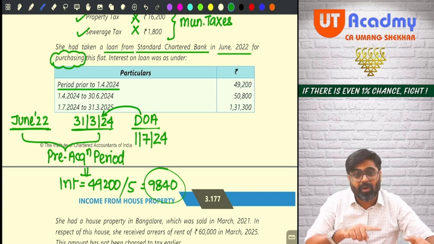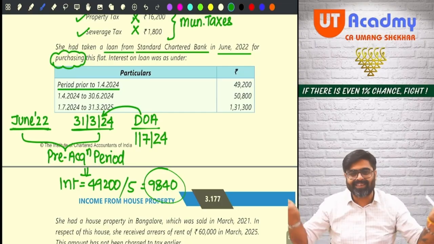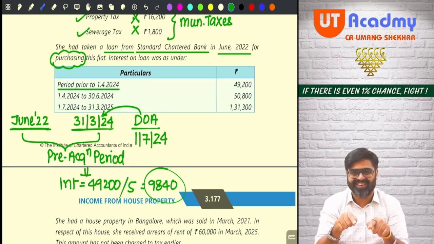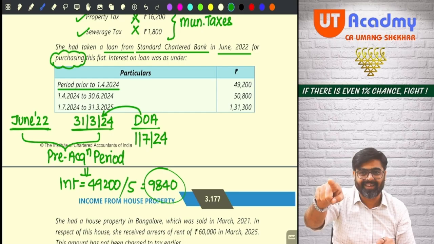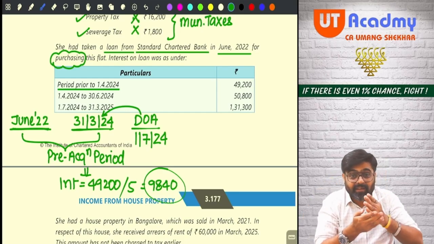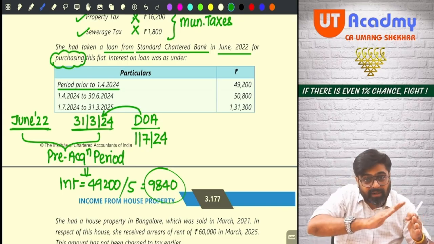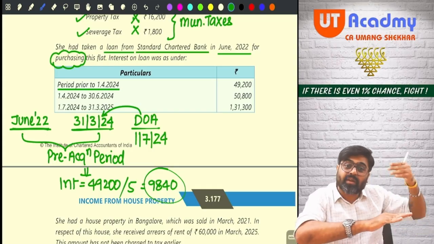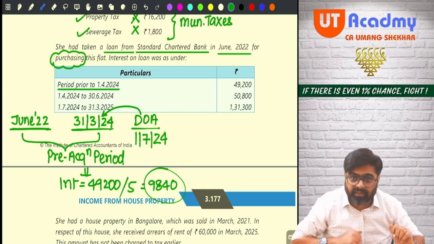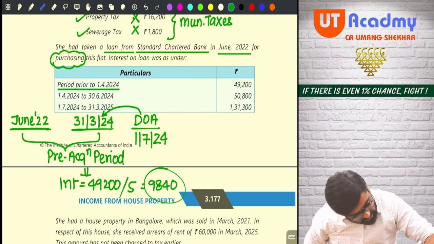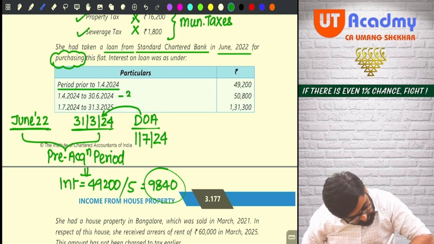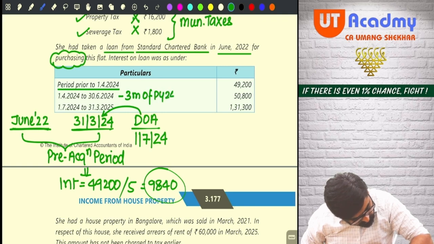Along with this, whatever interest becomes due in this year, you had this doubt yesterday. Honey, you remember, no? Starting from 1st April till the date of acquisition, and even after the date of acquisition, whatever interest is there, can I say this interest relates to the first 3 months of previous year 24-25?